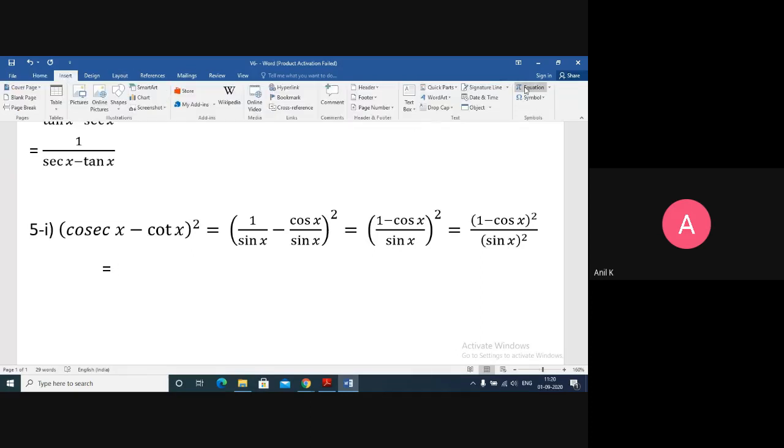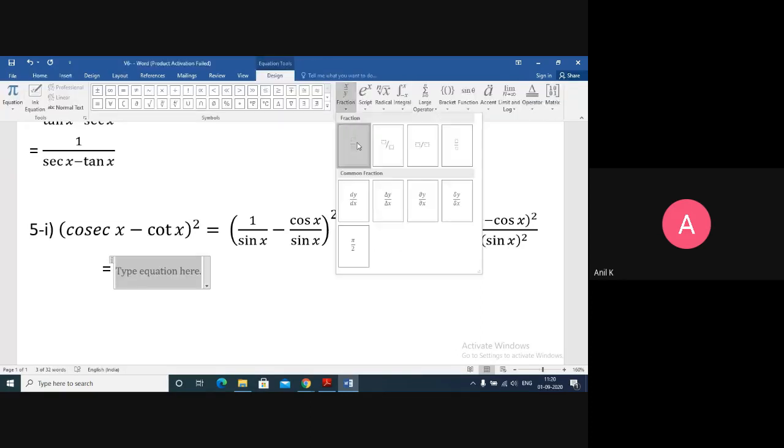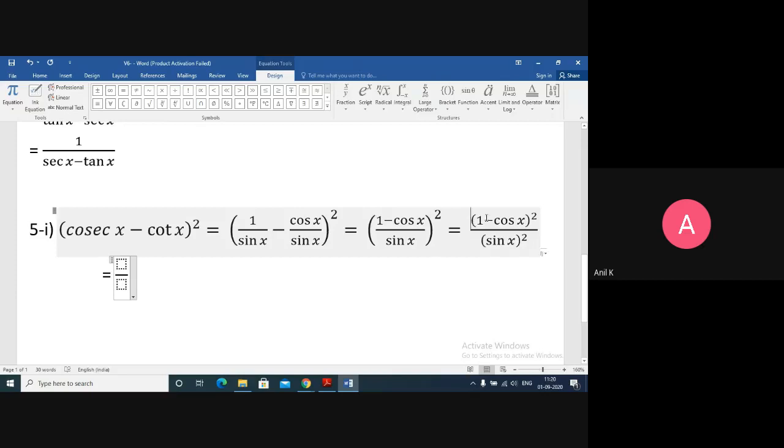Let me take the second equation. The numerator I'll keep as it is. Sin x whole square is the denominator, which is nothing but sin square x. Is there any relation between sin square x and cos square x? Can anyone give me the formula? 1 minus cos square x.